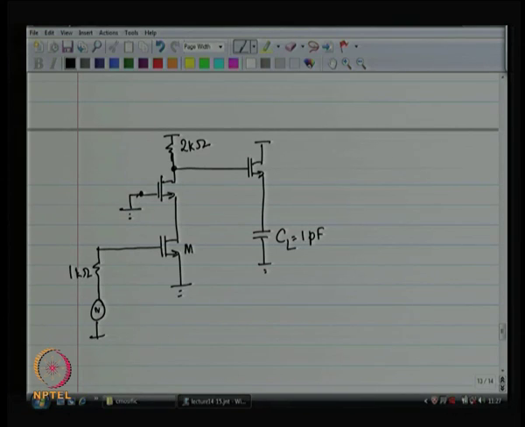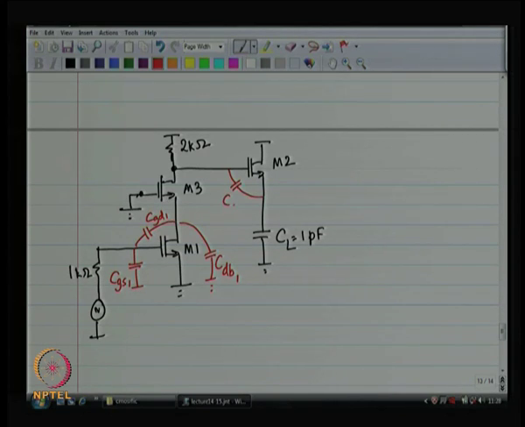For device number 1, we have CGS1, we have C gate to drain 1, C source to body of device number 1 is irrelevant because both sides are at ground, drain to body of device number 1 is relevant, right.